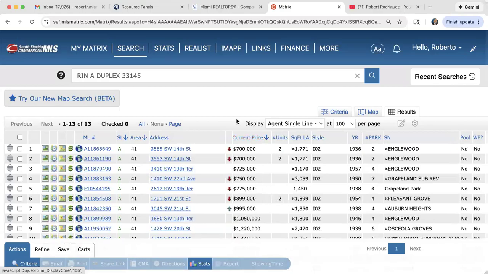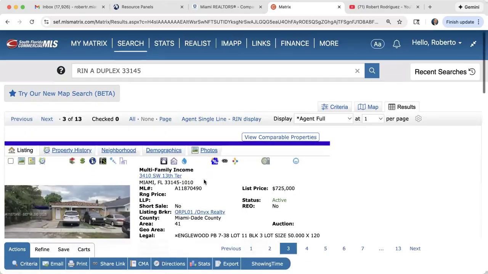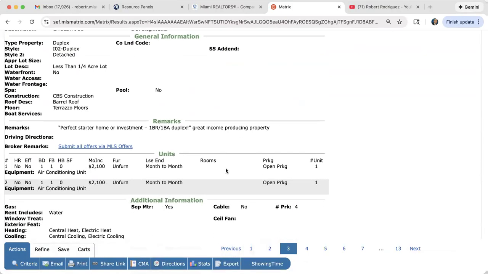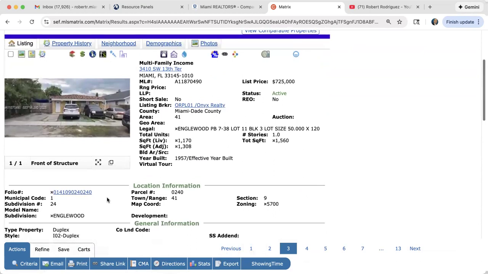I'm going to sort by price. Let's take a look at this one, $725,000. You've got two incomes here of 2,100 each. Do you think $4,200 a month is going to cut it?